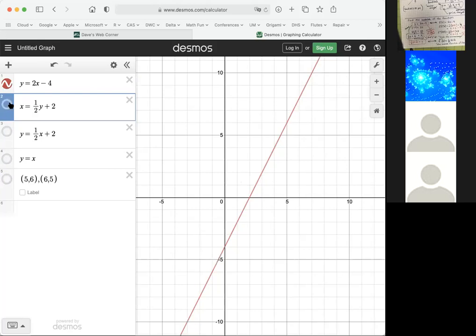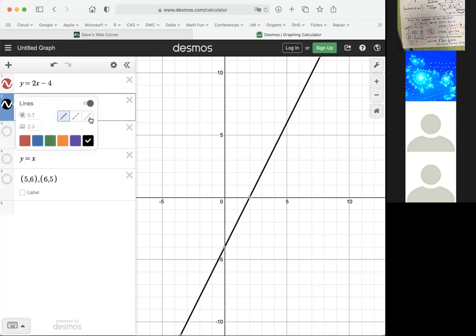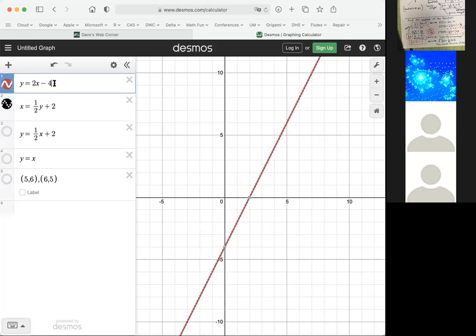Maybe you can see them better the same if I made one of them dotted. Now the red function and the black function are exactly the same. When I solved for x, I did not change anything. It wasn't until I solved for x and switched the x's and y's. This second box to the third box, all I did was switch the x's and y's. And when I did that, I took the mirror image.